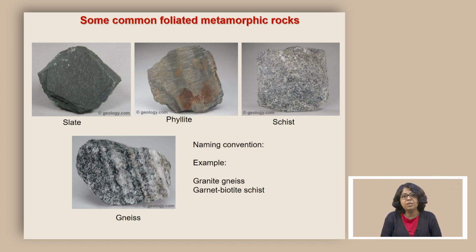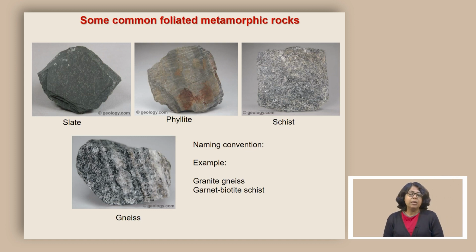It can also be something called garnet biotite schist, which says that it is a metamorphic rock which shows schistosity and also contains garnet and biotite. So, there are different ways of naming a metamorphic rock, which all should indicate some amount of textural information and also what the parent composition of the rock was.